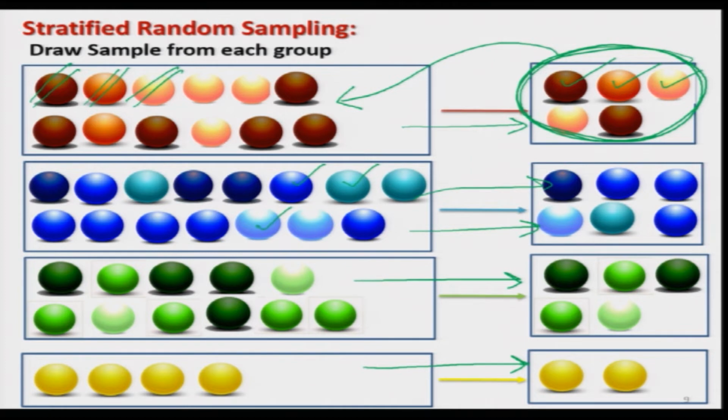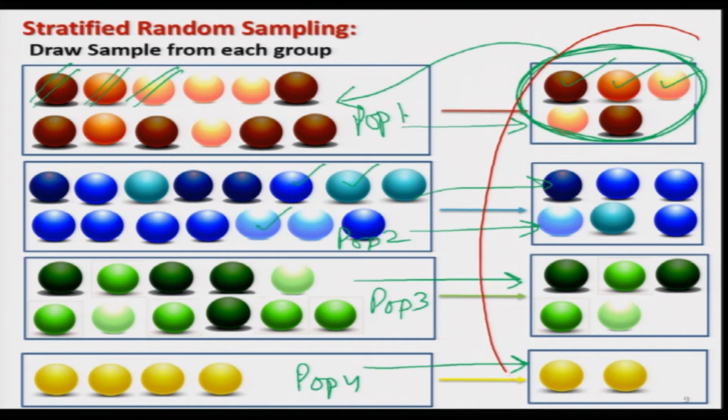So, you can see here we are trying to draw the sample from every group. So, we are trying to consider this as a population 1, the second group as a population 2, third group as a population 3, fourth group as a population 4, and then from each of the population we are trying to draw the sample.